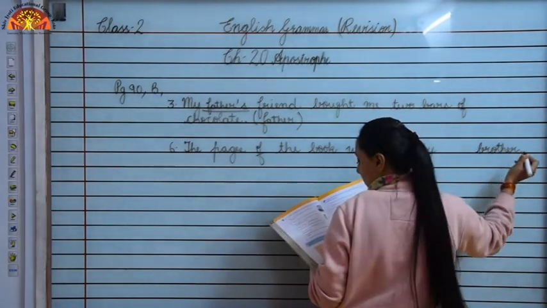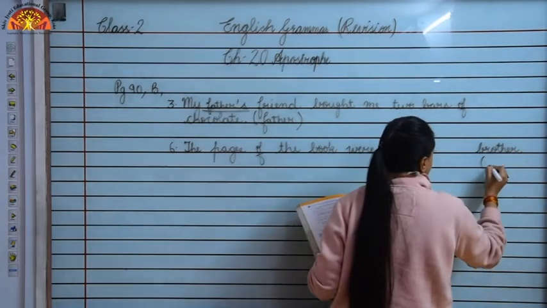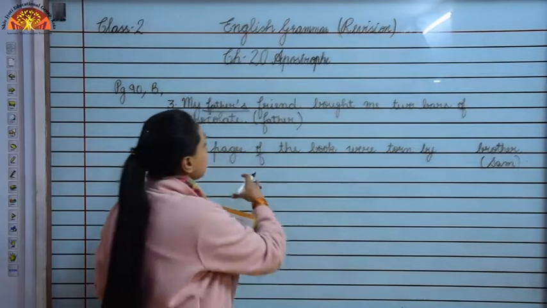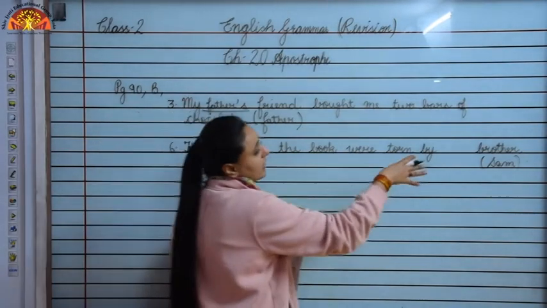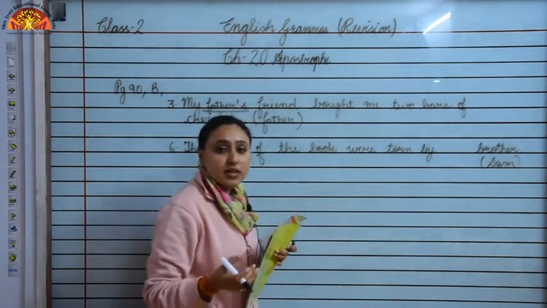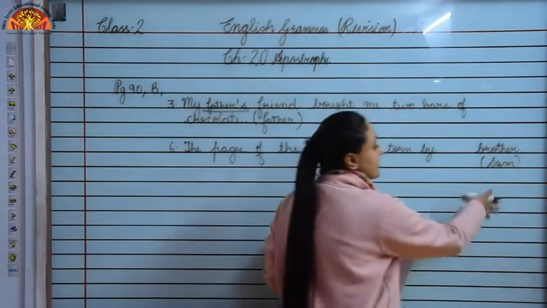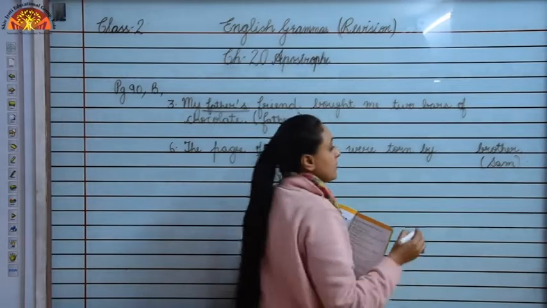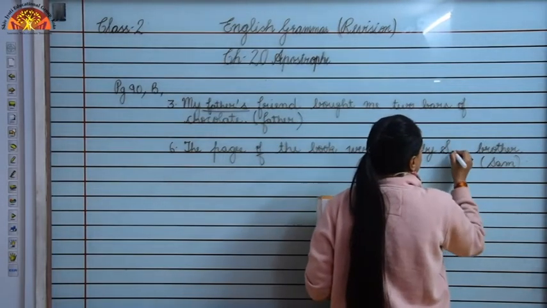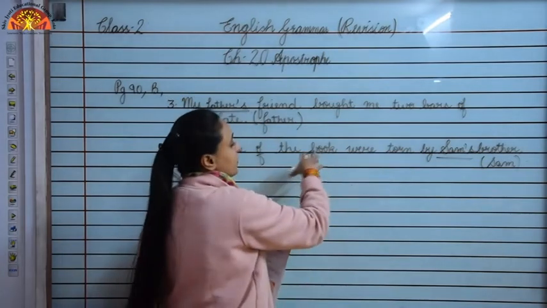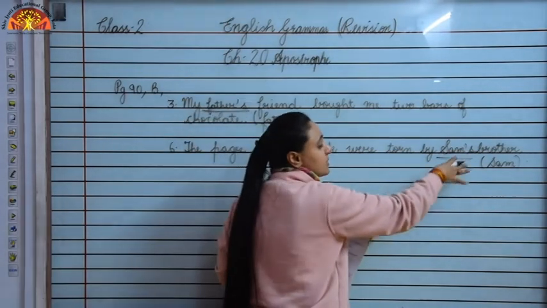And in bracket Sam is given to you. So what is the sentence? The pages of the book were torn by dash brother. So here we are talking about whose brother? We are talking about Sam's brother. Okay. So we will write the name Sam with apostrophe S. Okay. The pages of the book were torn by Sam's brother.